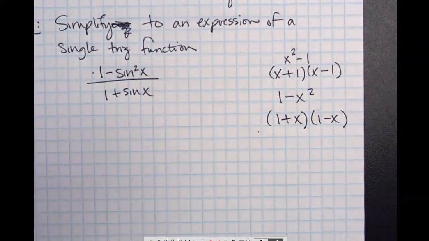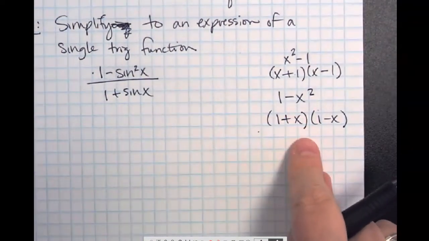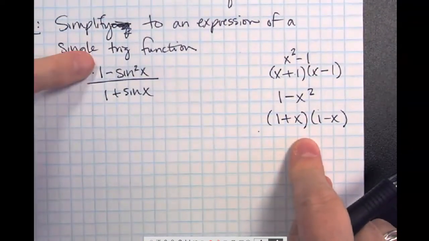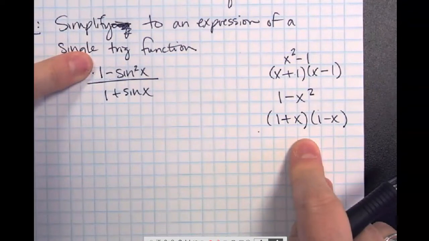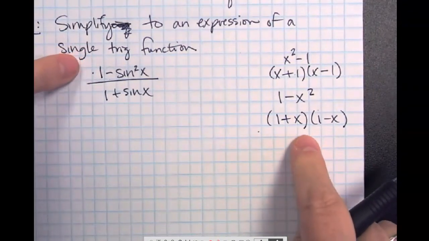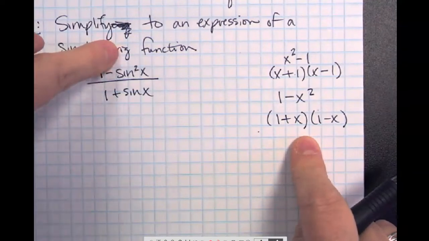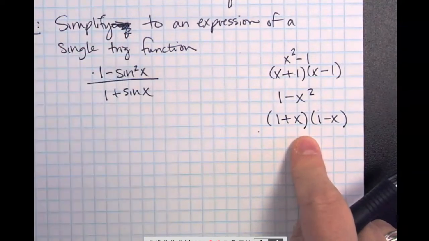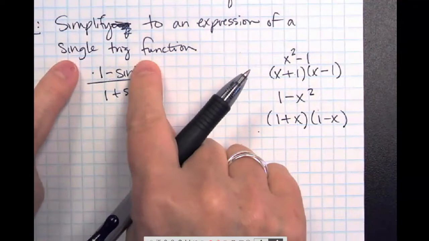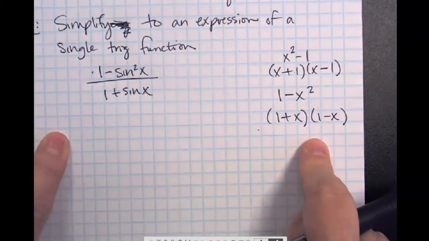Look at this and how we factored it, and look at this numerator. Do you see that it's the same kind of problem? I have 1 minus something being squared, so I'm going to factor that just like I factored this.